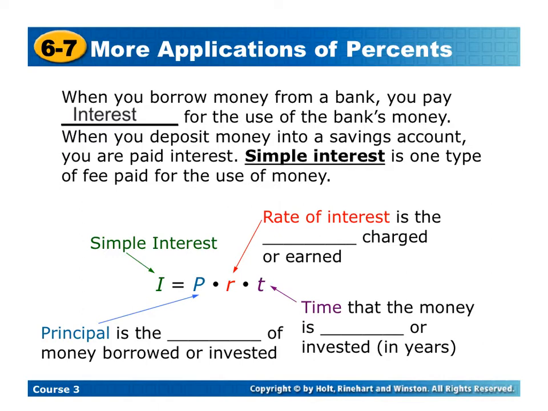Simple interest is one type of fee paid for the use of money. There is a basic equation that we use when we're looking at simple interest. The amount of interest earned is equal to the principal, which is the amount of money borrowed or invested, times the rate of interest, which is the percentage charged or earned, times the time that the money is borrowed or invested, in years.